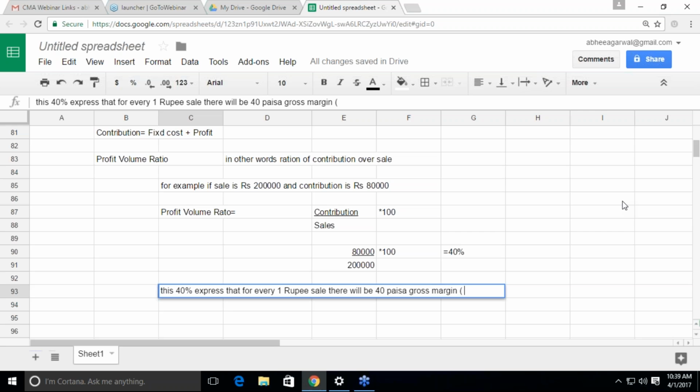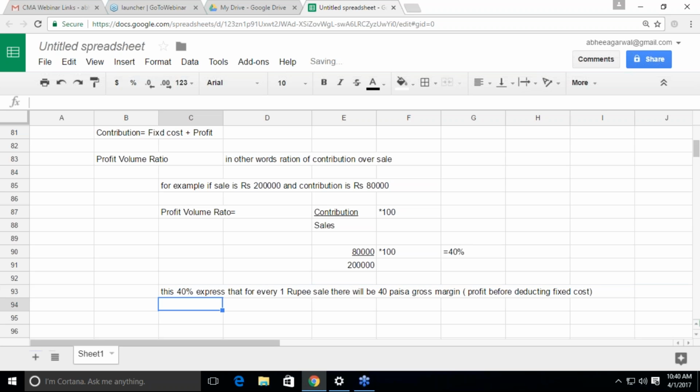What does gross margin mean? Profit before deducting fixed cost. That is your gross margin. This 40% expresses that for every 1 rupee sale, there will be 40 paisa gross margin, profit before deducting fixed cost. So contribution is a profit before deducting fixed cost.